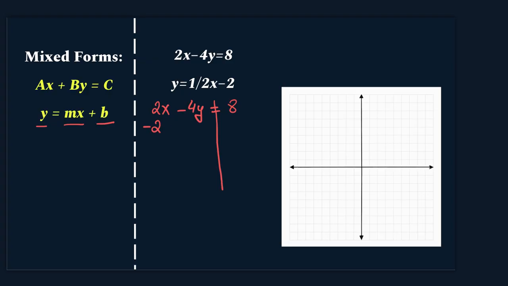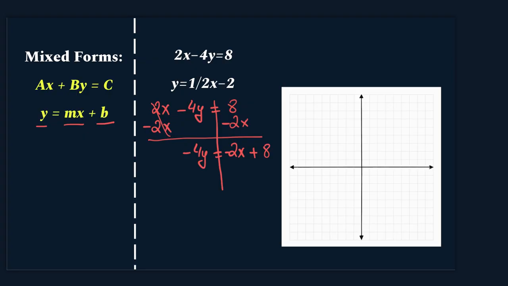So we're going to subtract 2x from both sides. Okay, negative 4y equals negative 2x plus 8. Some of you may think, why didn't I divide 8 by negative 2x? This is a very common error because 8 doesn't have any x, so I cannot divide those two. They're not like terms.